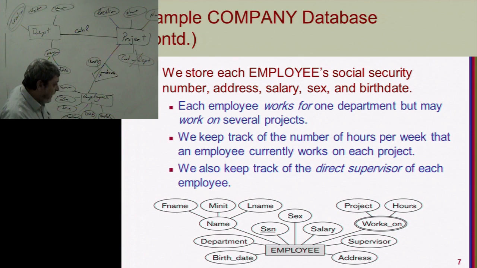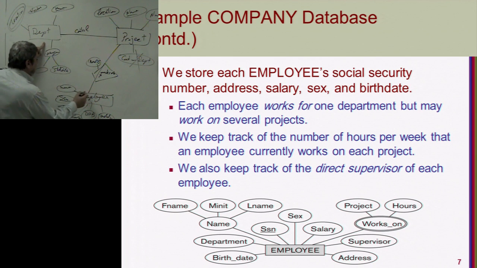Okay. Now works on is okay. What other attributes are left? Supervisor, and department. Let's wait for supervisor, it's complex. Department: is department an attribute? No. Why not? Oh yes, we have a department entity type here.